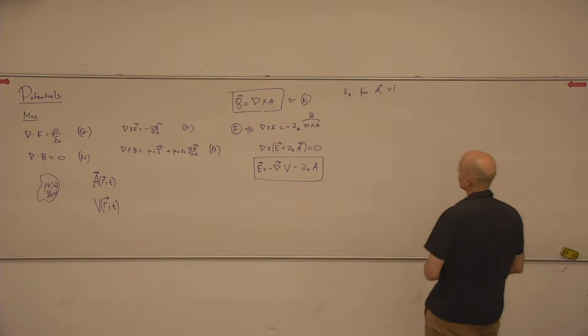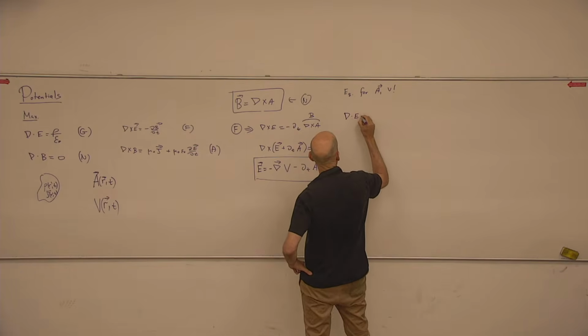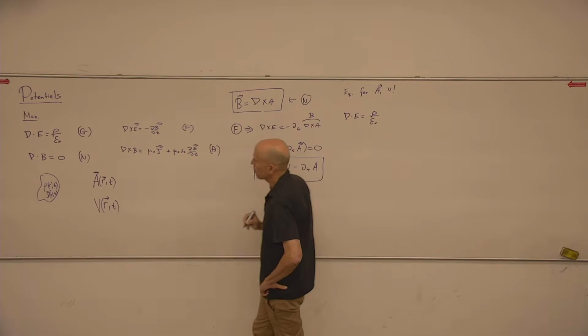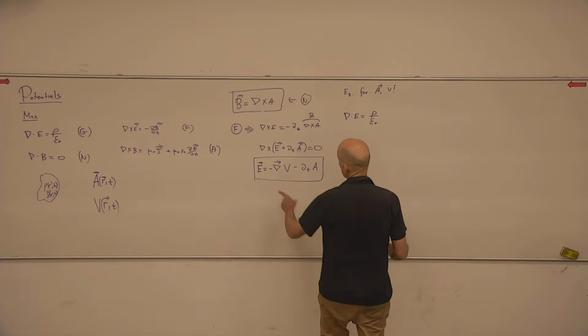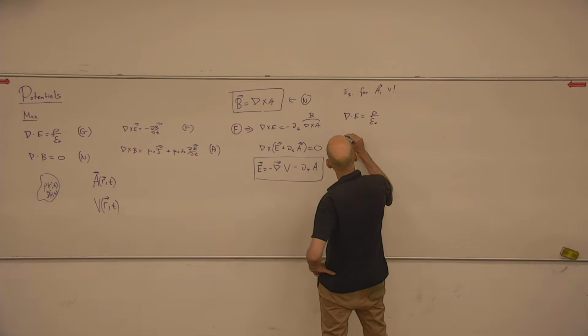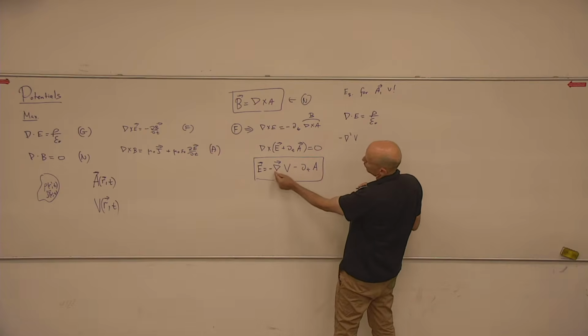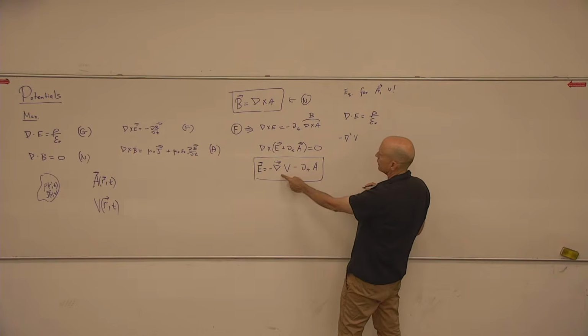So let us look, for example, on div E equal rho over epsilon 0. This equation. Then we can say, okay, let's plug in the definition. So div E, I apply it here, so what will I get here? I'll get the Laplacian, like in statics.